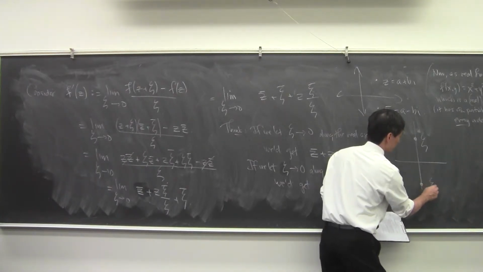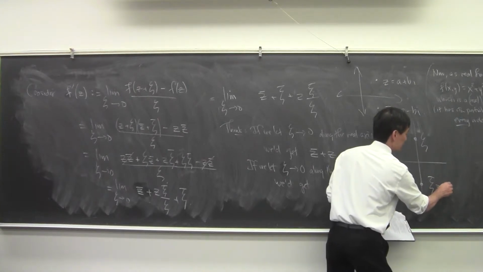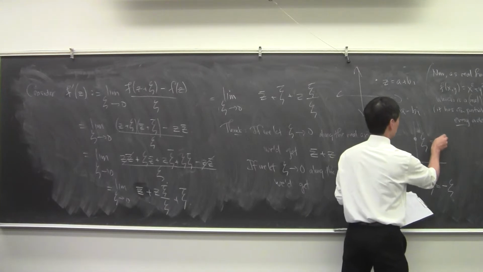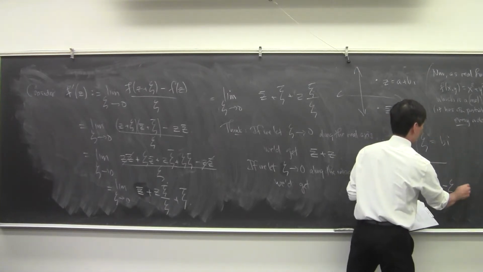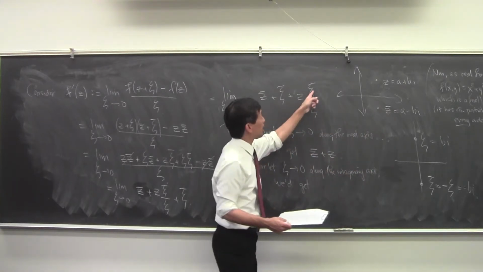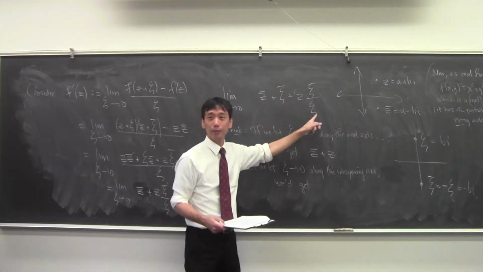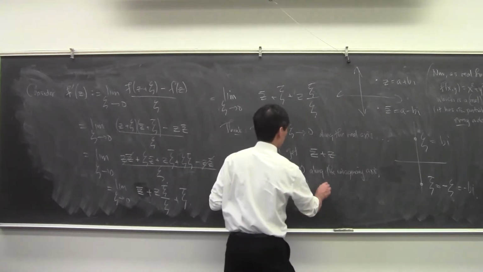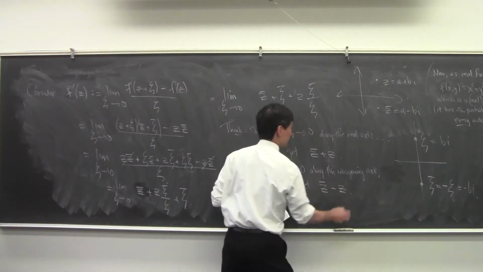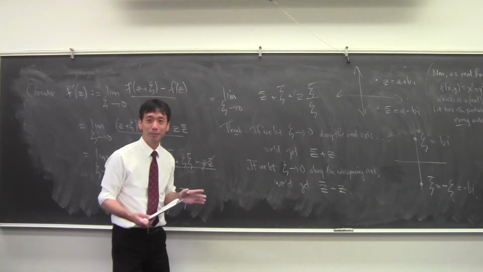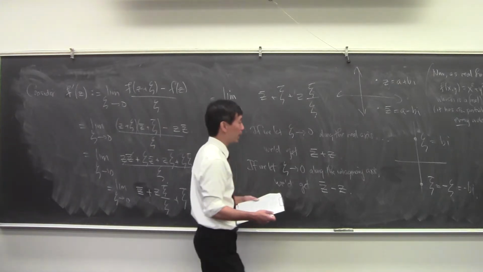This is zeta bar, and that's negative zeta. If this guy is bi, this guy is negative bi. So we would have negative zeta over zeta. Well, that's -1, so this thing would go to 0. We would get z bar minus zeta.